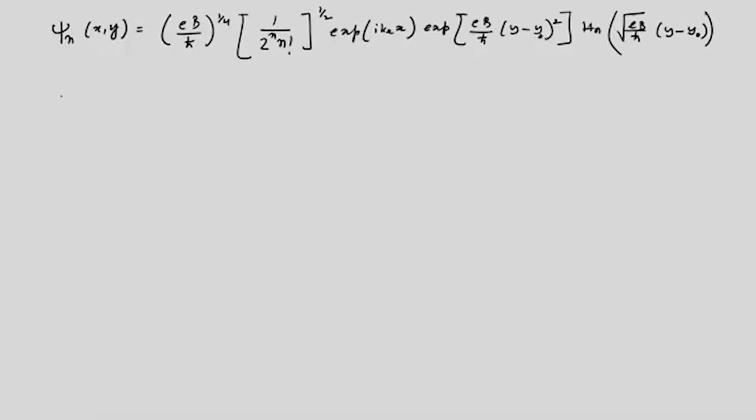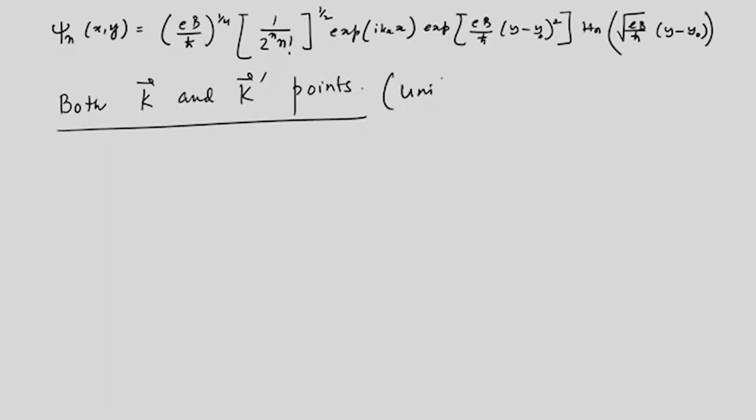See here, very importantly, because the difference between n equal to 0 and n equal to 1 is very large, as I have shown, mostly the n equal to 0 Landau level is talked about, or even in experiments one sees the lowest Landau level. So, I extend this and in a sketchy manner talk about both the k and k prime points. So, we do an analysis with both k and k prime points together, a unified description.